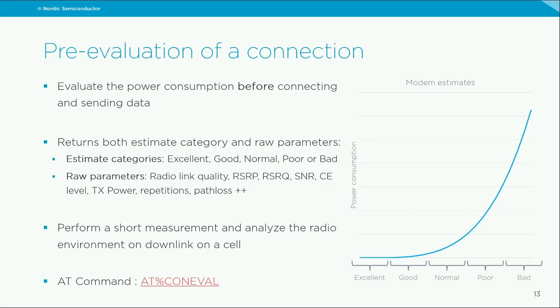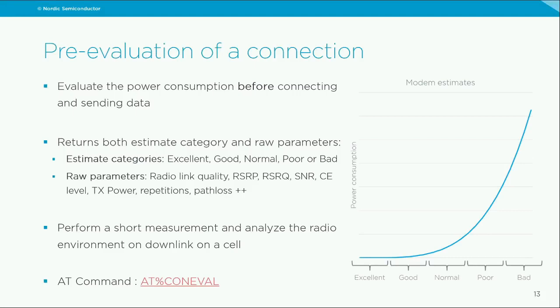And through this short measurement, it will estimate the power consumption it's going to use when it's going to send data. So you get the response of either excellent, good, normal, poor, or bad from the modem, and based on this you can choose to go ahead and send the data or wait until you get better reception, for example.